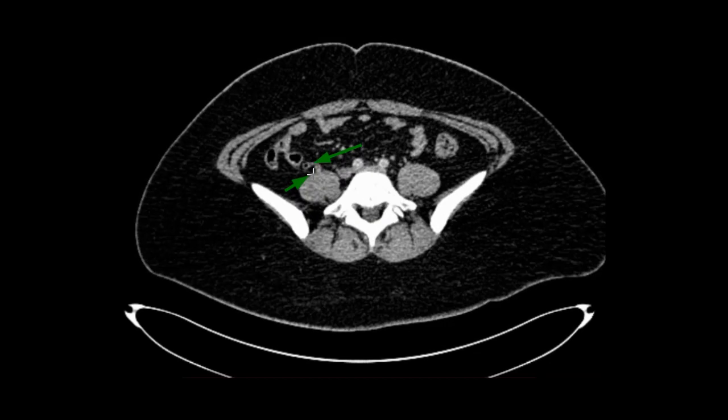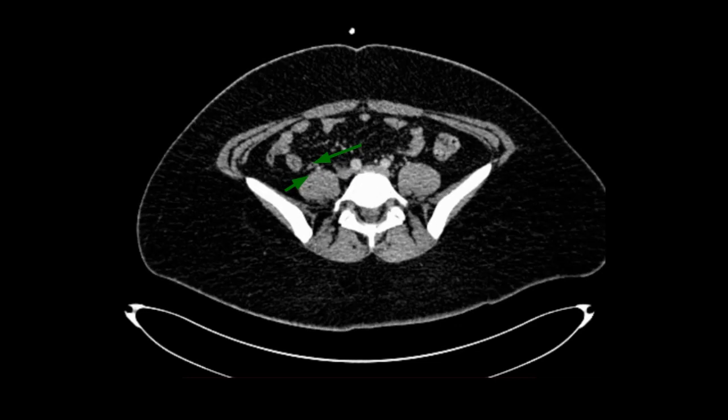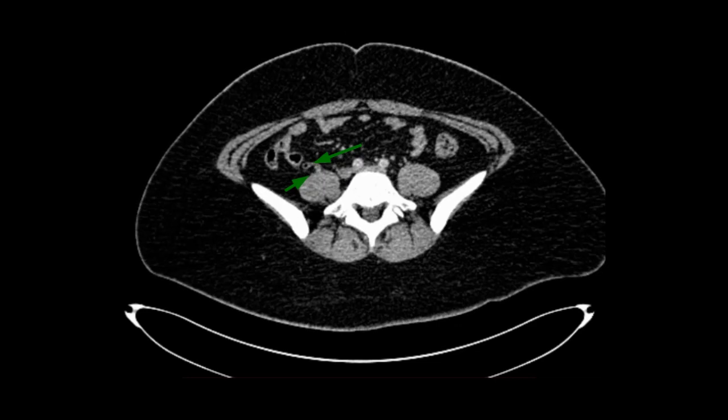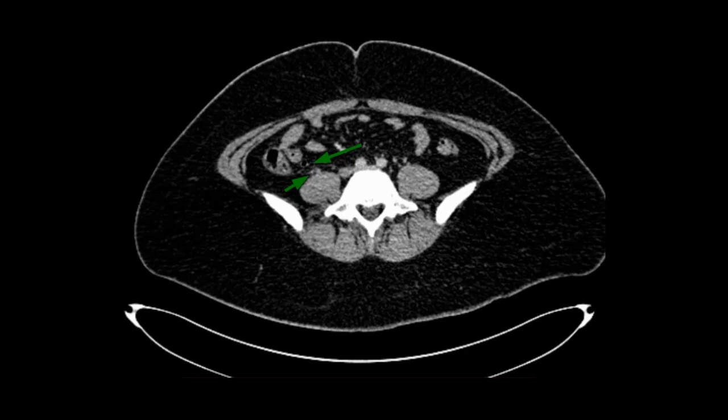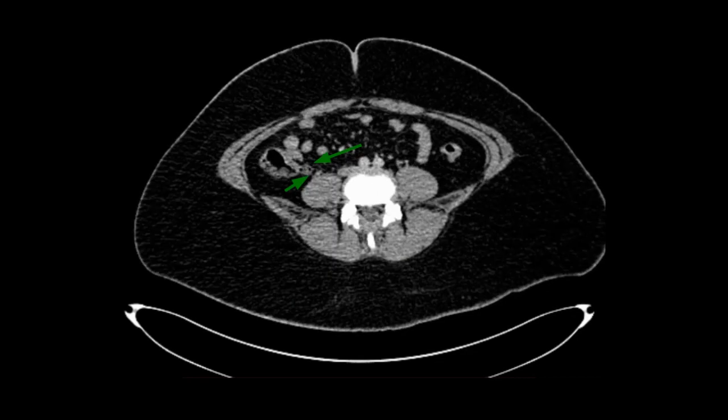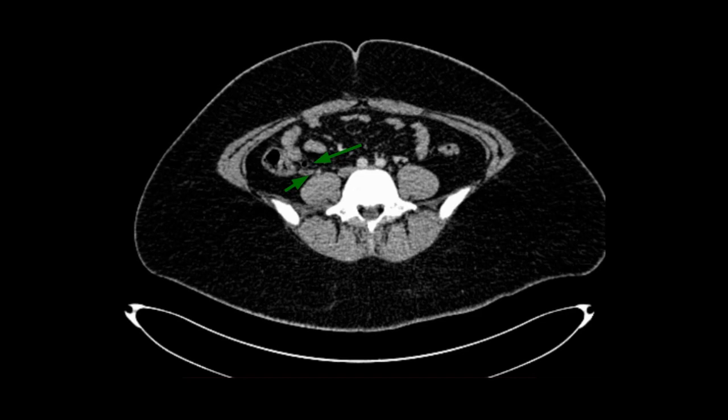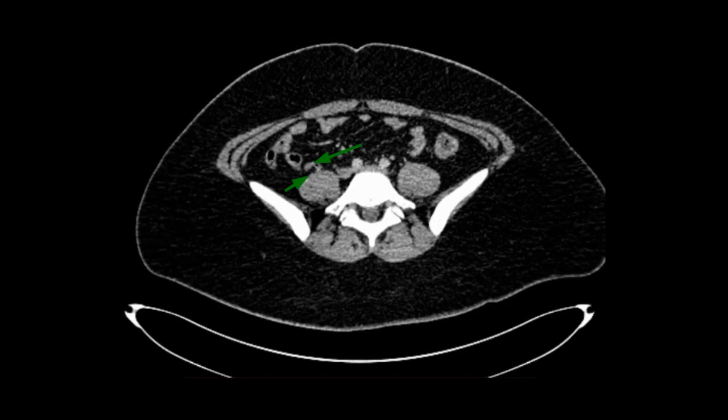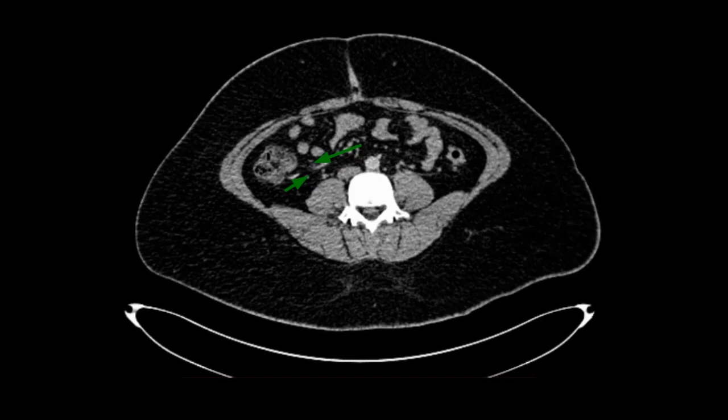It is turning, see, if you can observe this, right? So this is the appendix. This is a normal appendix because you can see air up to the tip of the appendix. Appendix may not be visualized or there will be air, and if there is contrast, there will be contrast. So that is how you can identify the appendix, right?